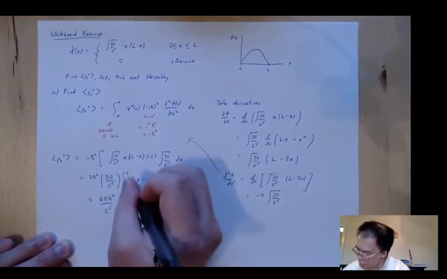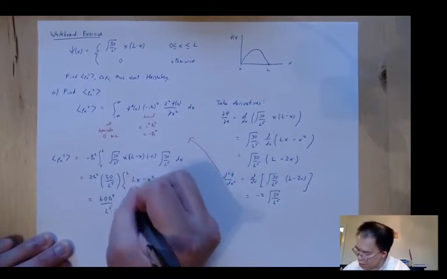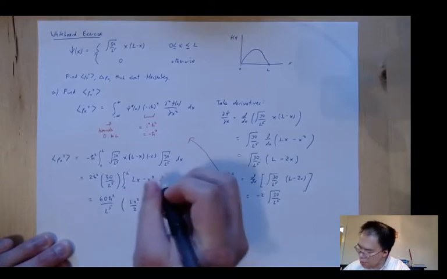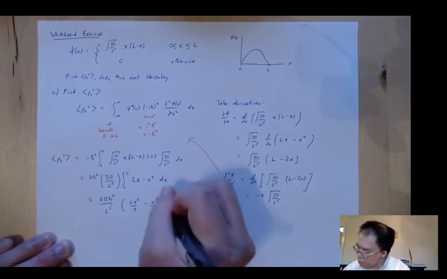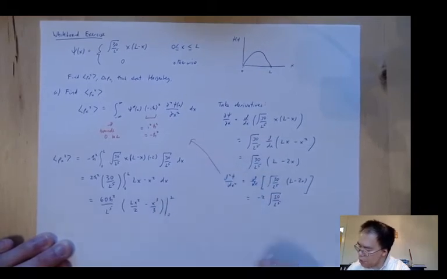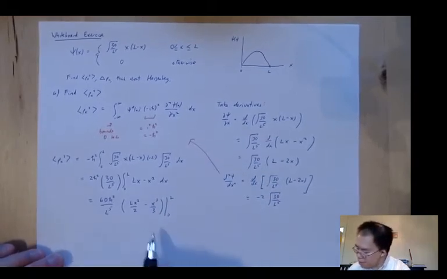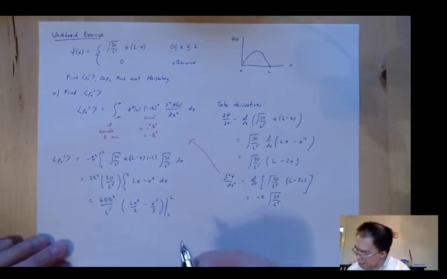This term integrates to Lx squared over 2. I have a minus x cubed over 3 here, and this is evaluated from 0 to L. The lower endpoint gives me nothing. I just have to plug L in here.